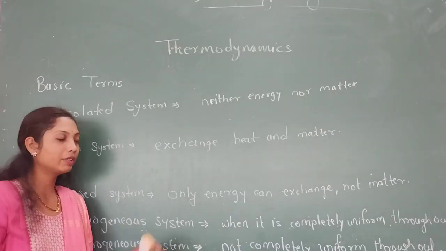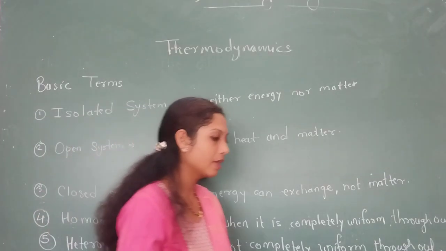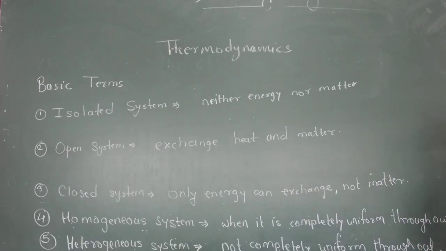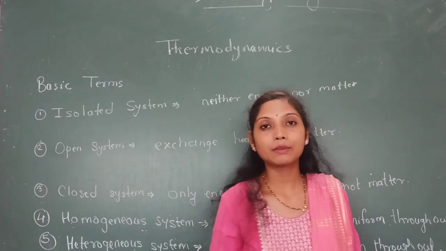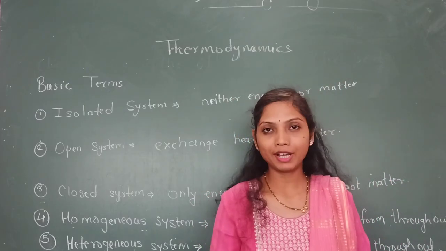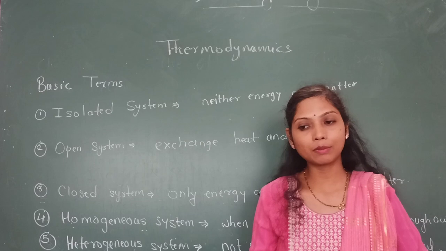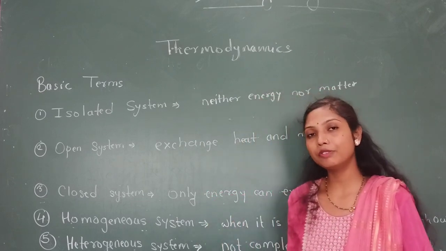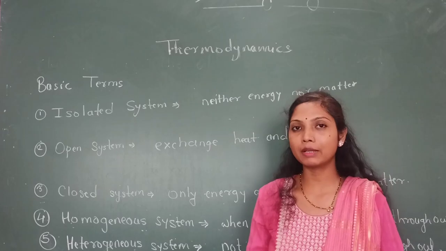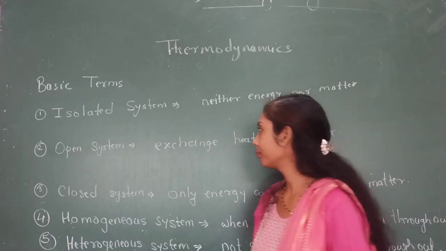Okay, so now these are all systems. Now we are going to study properties, which properties are used in these thermodynamic processes. First we are going to study the thermodynamic properties, macroscopic and microscopic, and then we will discuss the thermodynamic processes. Okay.